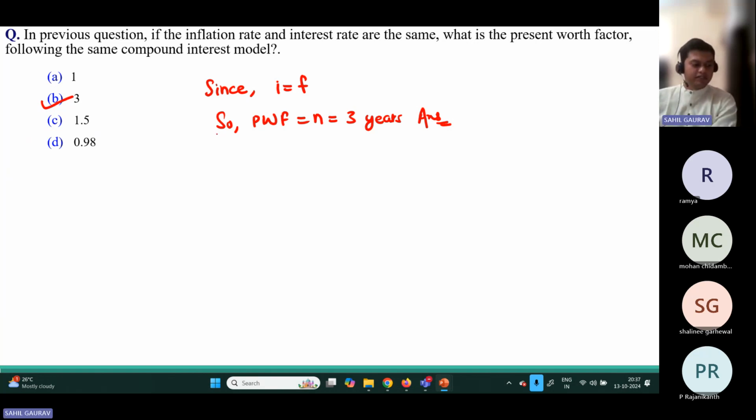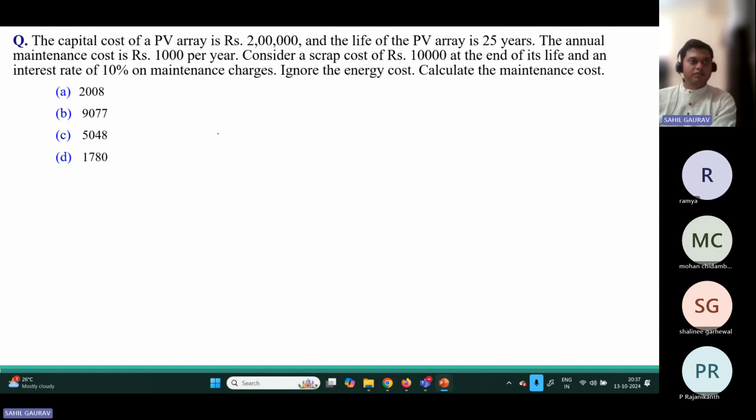Now coming to the next problem. Here in this problem, it is similar to the previous one. We have solved one problem based on this same type.